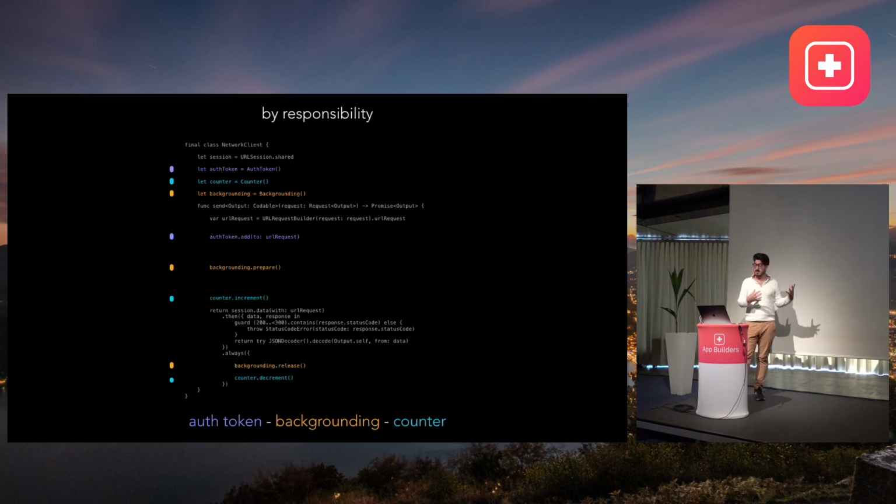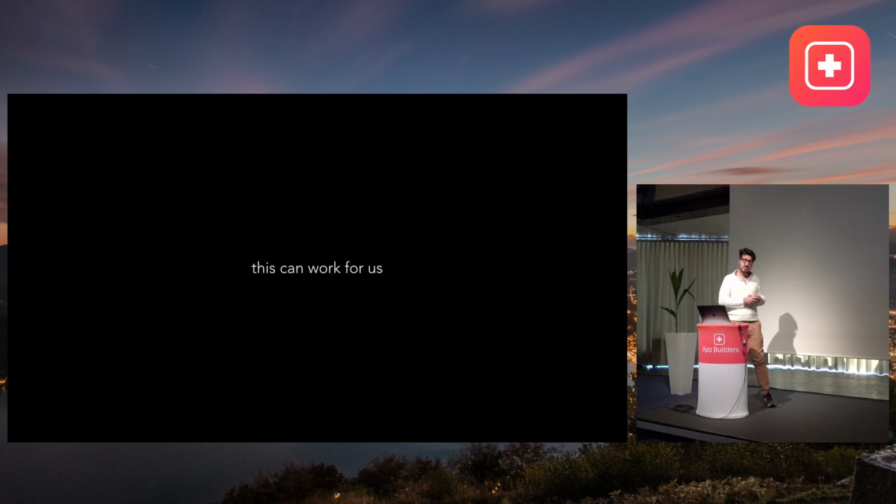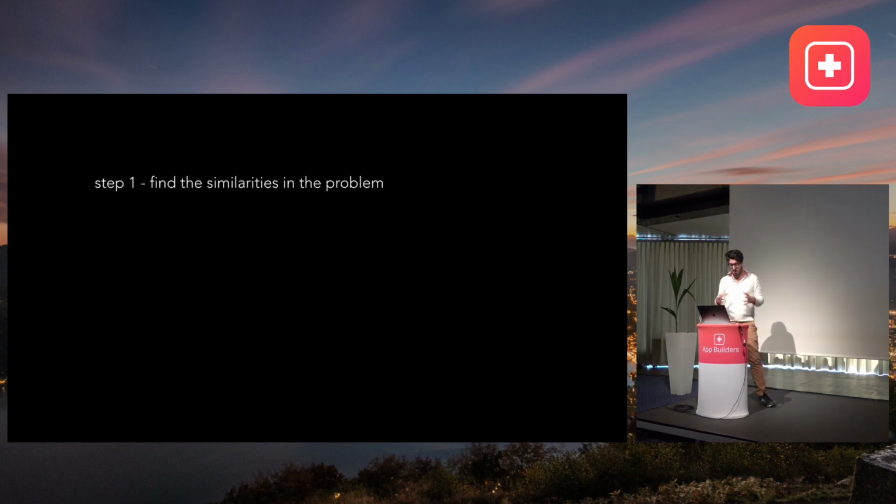All the state is encapsulated in one of our custom classes. And so we know that this can actually work for us. So we want to take a look at the different slices of the problem and break them down and figure out how we can decompose this problem.